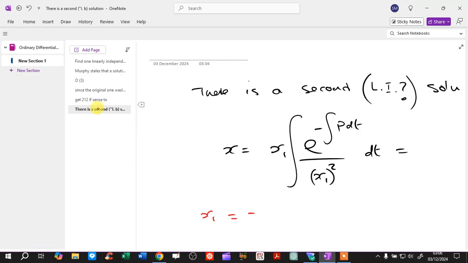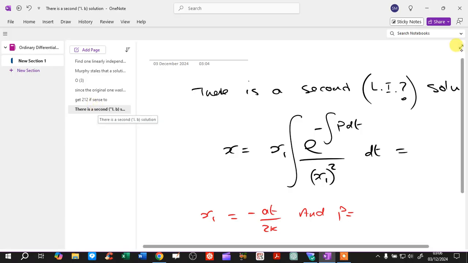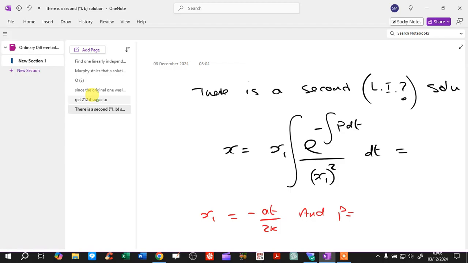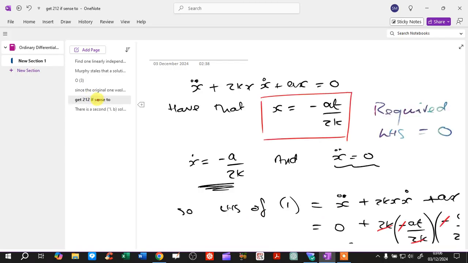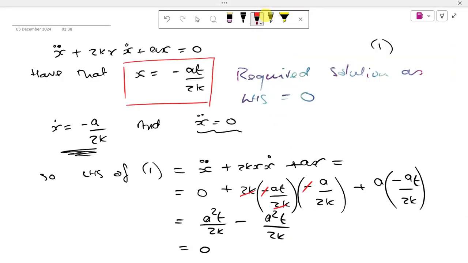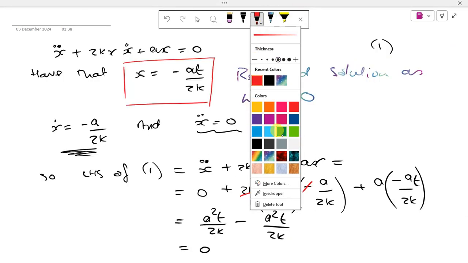So that's minus at over 2k, right? x1 is equal to that, and p is equal to, well, let's just go back to the original equation here, and we would find, let me just maximize the screen and change to green.